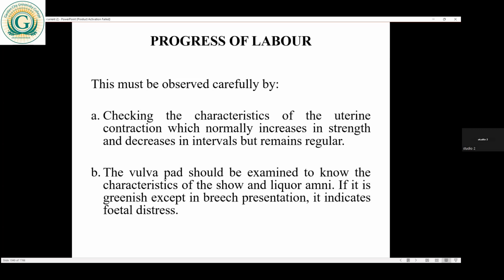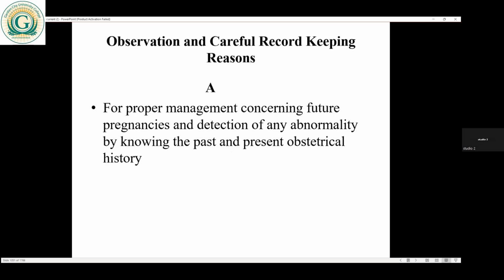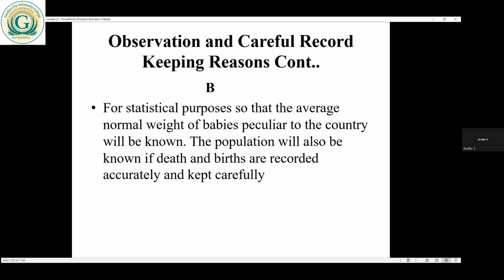The characteristics, the BP that you take, and the descent of the presenting part should be noticed. The head, which is high up above the brim, indicates disproportion. So careful record taking is very important, and observation and careful records, as we said, for statistical purposes.